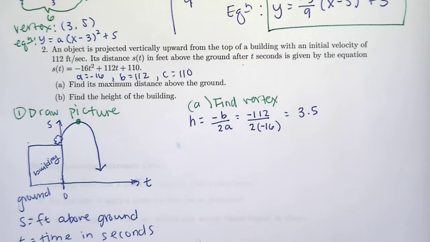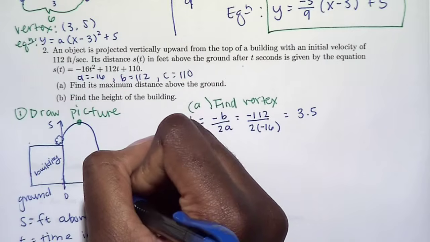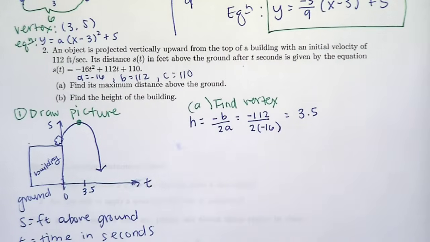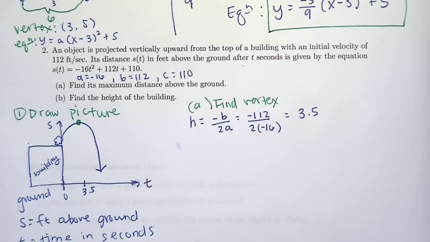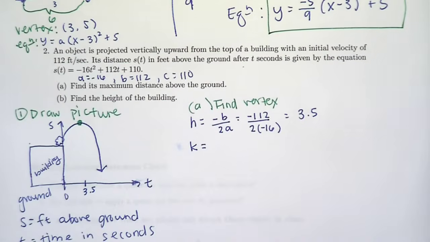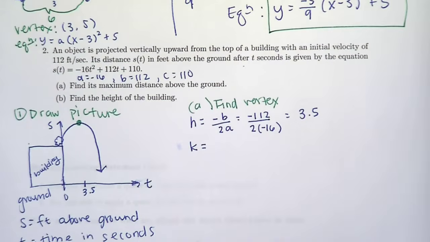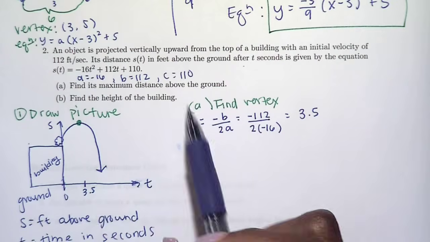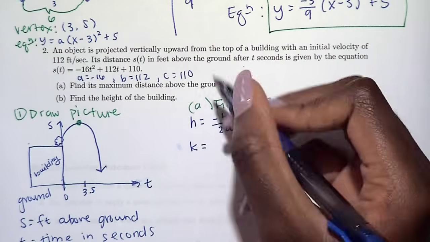All right, so that's the k or x value or t value here. So I can write that down here. This happens at t value 3.5 or 3.5 seconds. And the part we really want is our k, or our height above the ground. All we have to do is plug in our x value or our t value into our function and we'll find it.